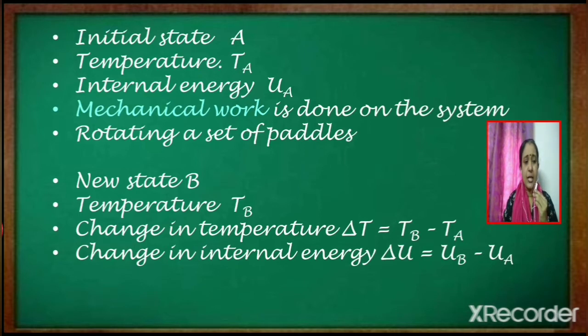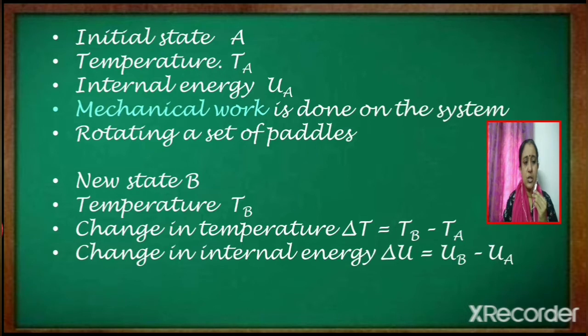Let the initial state of this system be denoted as A, so that the initial temperature is TA and the initial internal energy will be UA. Now how can 1 kilojoule of mechanical work be done on the system? It is done by rotating a set of paddles. When the paddles are rotated, heat energy will be produced.